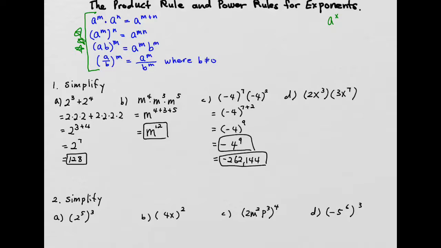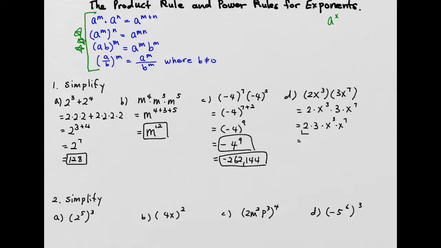The next problem, this is all multiplication, even though we have parentheses. So if we open the parentheses, let's see what happens. We have 2 times x cubed times 3 times x to the 7th, where we should be able to multiply 2 times 3 first and x cubed times x to the 7th, because multiplication order does not matter, right?